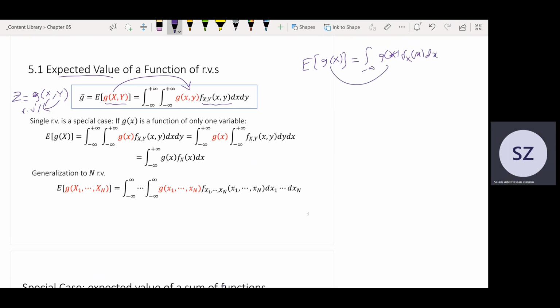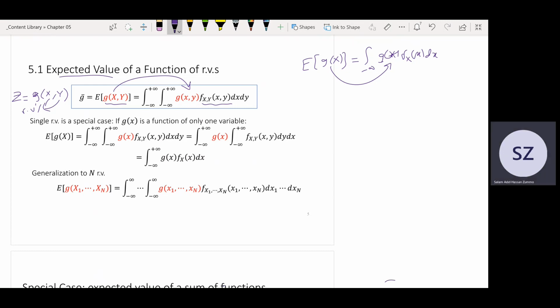So whatever is here just comes next to the PDF. Similarly here, the expected value of g of x and y goes next to the joint PDF of x and y, multiplied by dx dy and integrated from minus infinity to infinity. Similar concept, only extended to when you have x and y. Okay?